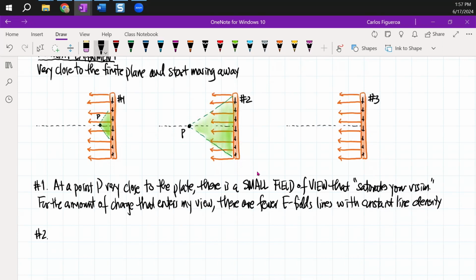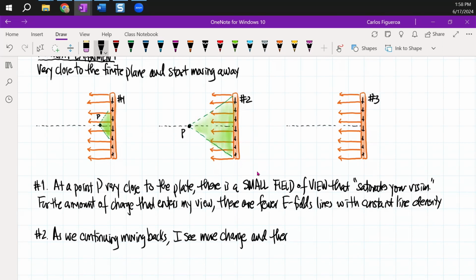And two, what you're seeing here is that as we continue moving backwards, I see more charge, and therefore more lines of E field.